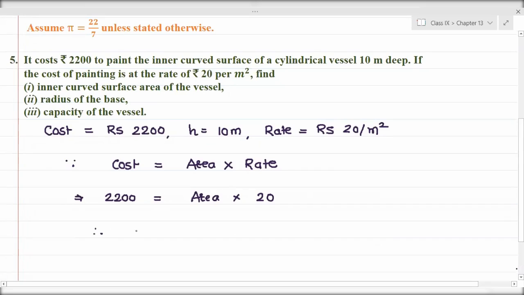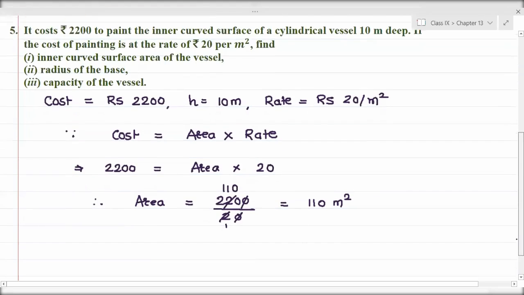So we can say that therefore area will be equal to 2,200 divided by 20. Okay, 10 will be cancelled, 2 ones are 2, and this will be cancelled. So remaining is 110. So here 110 meter square value of area is coming. But which area is it?